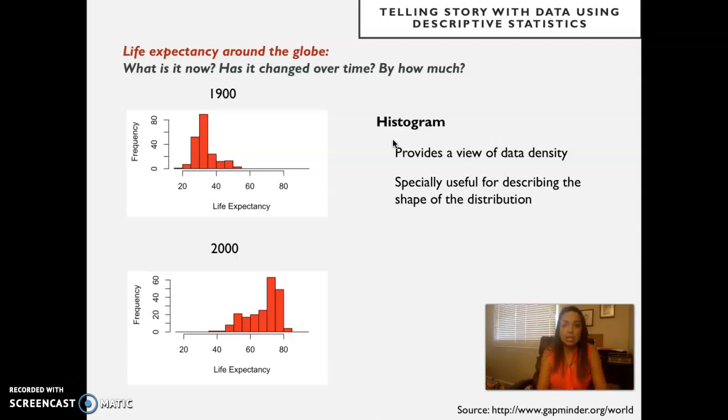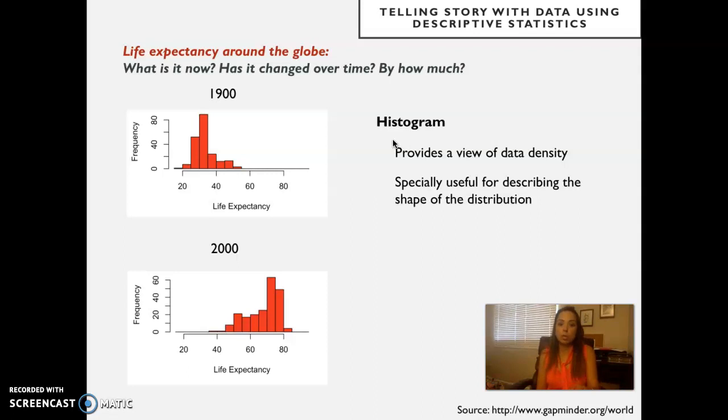Histograms are great. They provide a view of data density. They're especially useful to help us gauge the shape of the distribution, which we do for a reason. We do it because that's how we decide whether or not we need robust summary metrics like median and interquartile range to describe the data, or if mean and standard deviation, which are the most popular and most powerful ones, can be used reliably.